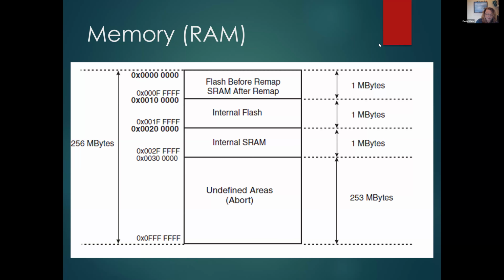I suppose you first need to understand where the memory is, such as the memory map from this processor manual. The first megabyte shown here isn't real. It's just address space that impersonates another address. Then there's 1 megabyte for internal flash. This is code space, and 1 megabyte for RAM.